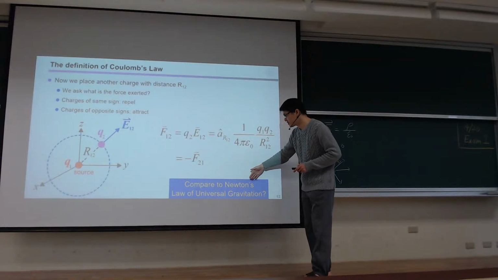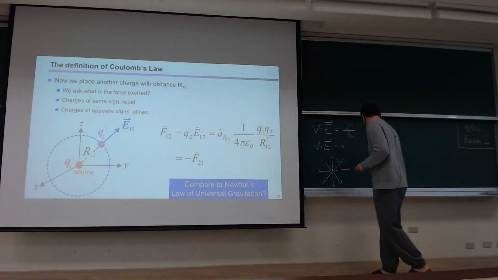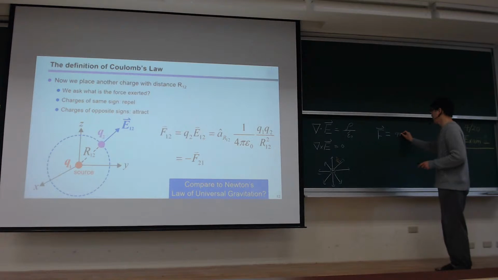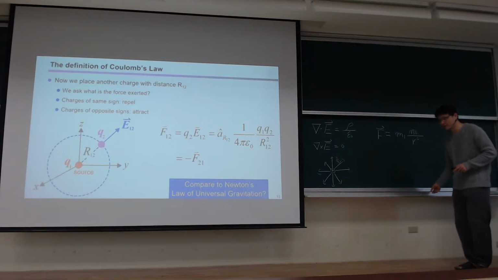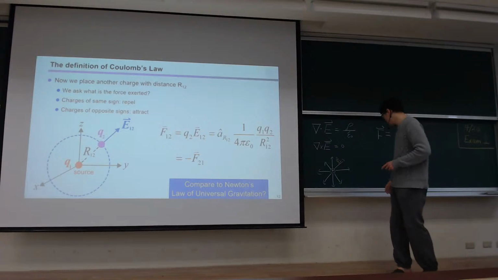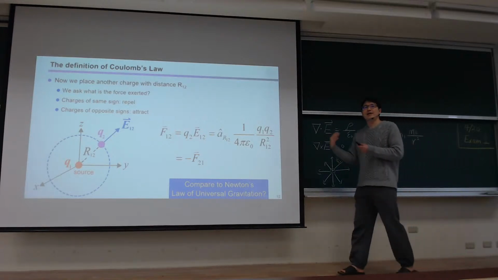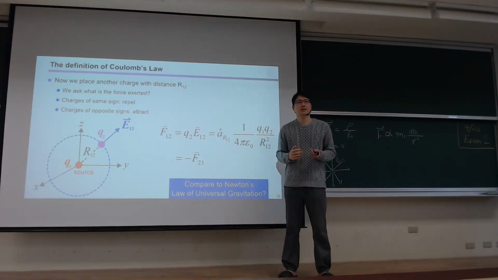What is Newton's law of universal gravitation? F is equal to m1 m2 over r squared, right? You might have some coefficient, so then just write proportional. They are basically the same, right?